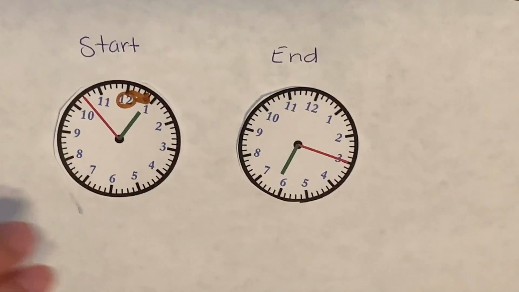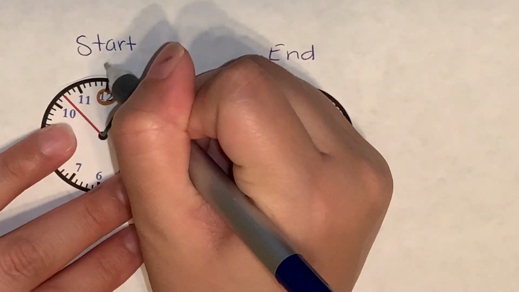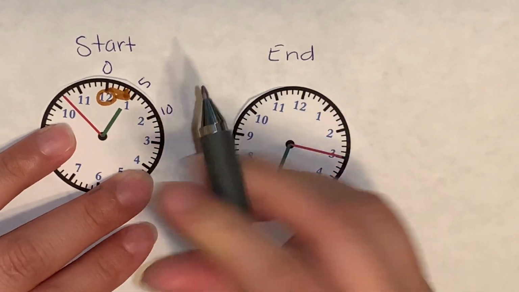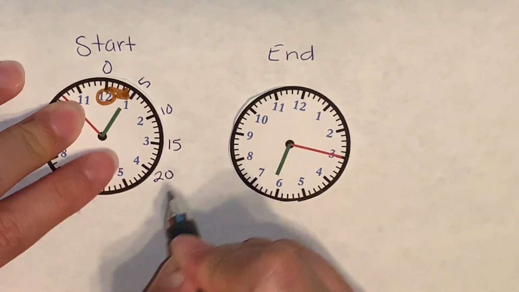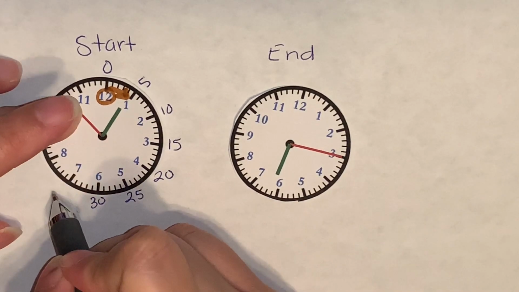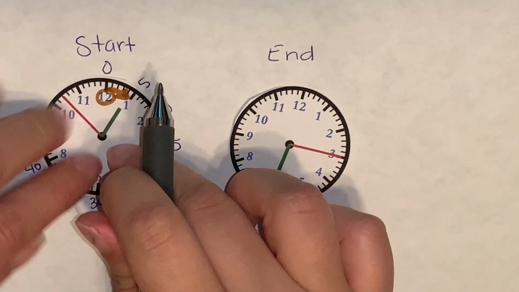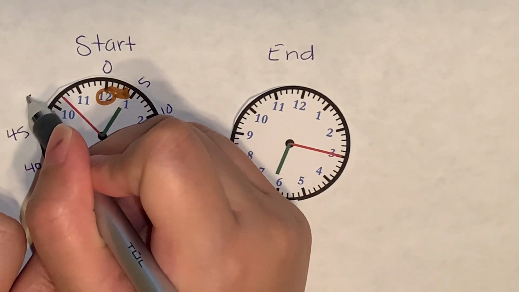Then we count the minutes. They start at 0, 5, 10, 15, 20, 25, 30, 35, 40, 45, 50.